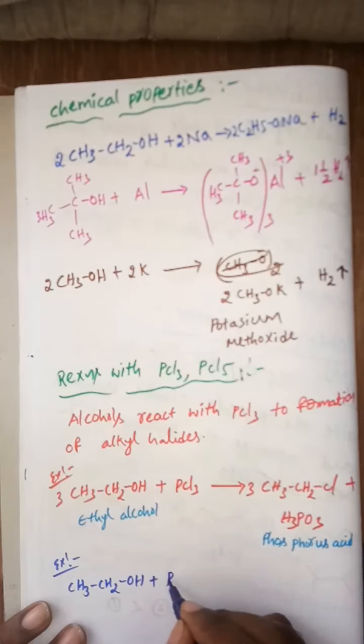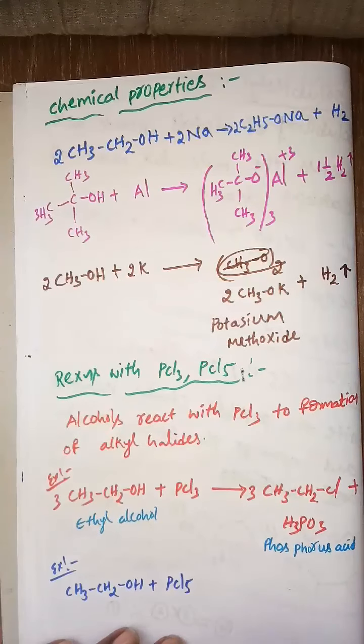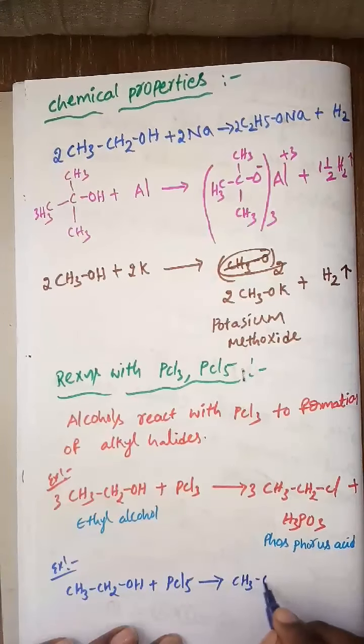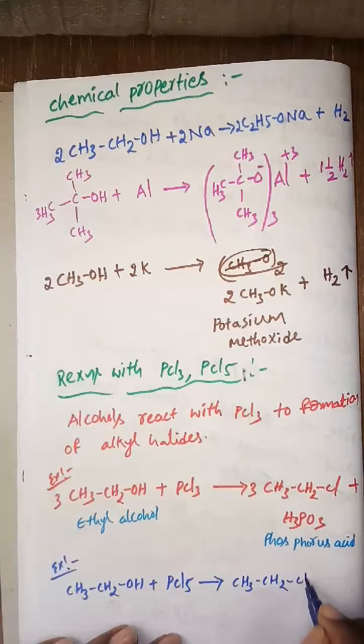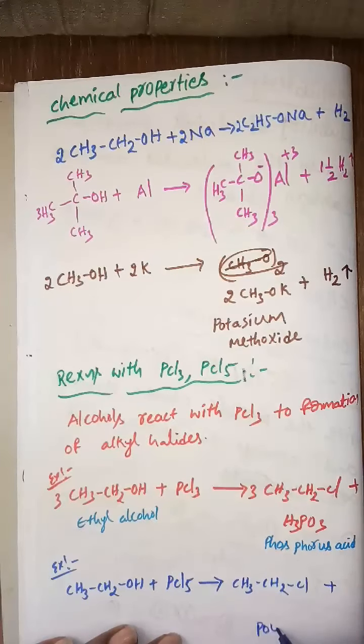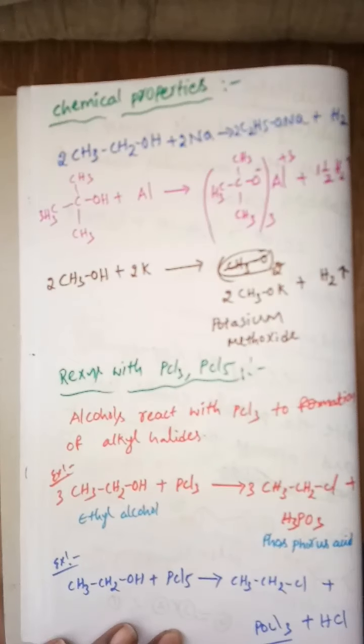Next, another example. Ethyl alcohol reacts with PCl5 to form CH3CH2Cl plus POCl3 plus HCl. So ethyl alcohol reacts with PCl5 to form ethyl chloride, POCl3 and HCl. This is another example.